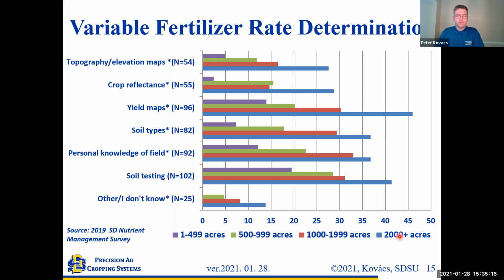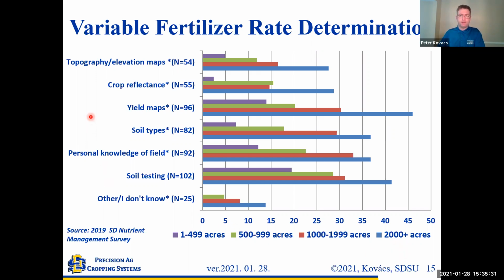In 2019, we conducted a survey among producers focusing on nutrient management, but we included some questions related to precision ag and variable rate applications.